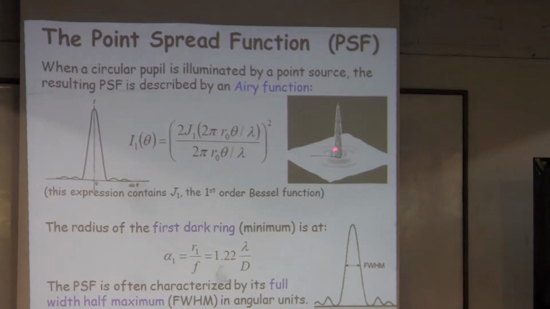And often people refer to the FWHM, the full width at half maximum, and that was the question last time. So you can characterize the width of this PSF, since it scales with diameter, but since everything scales, you can simply characterize it by the size of the FWHM of the central peak here. FWHM means full width at half maximum, and so you can measure it.